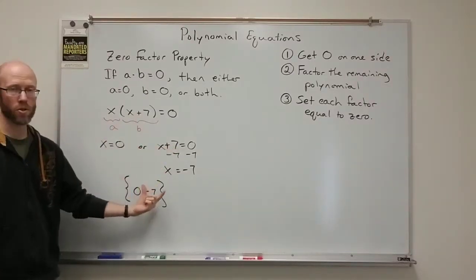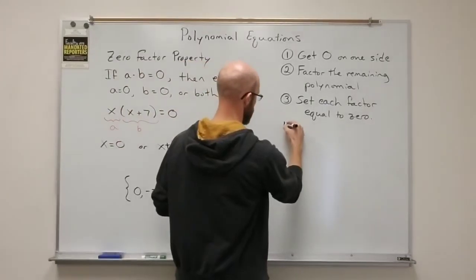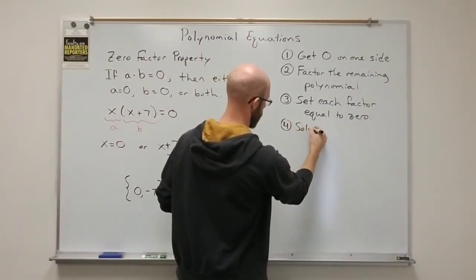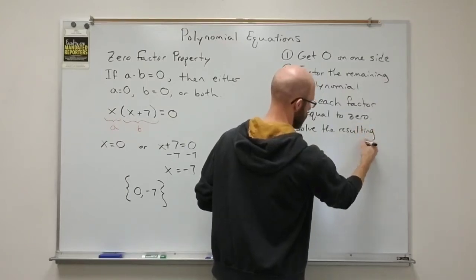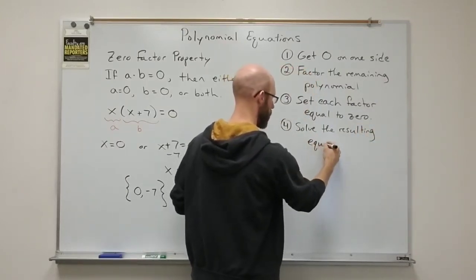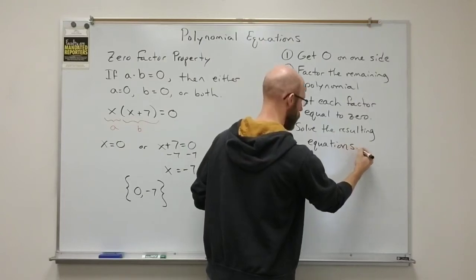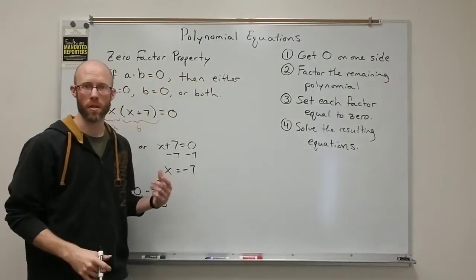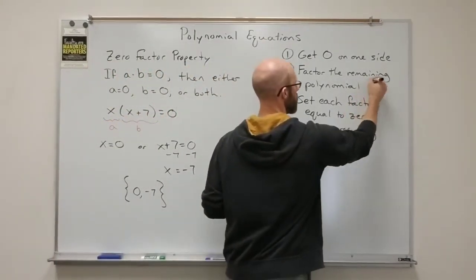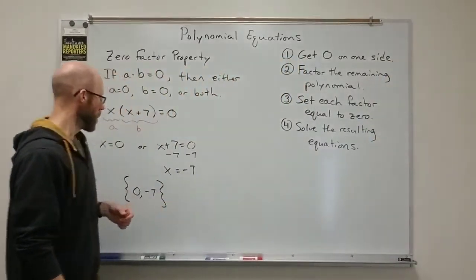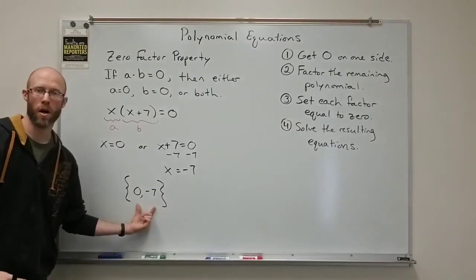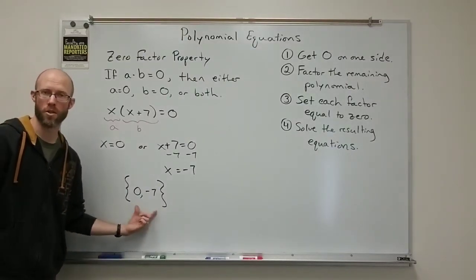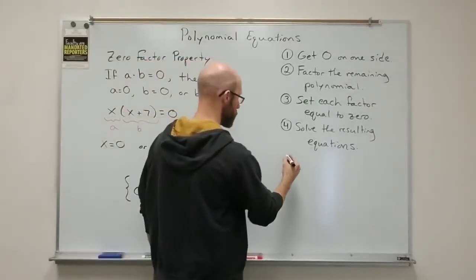Then you solve the resulting equations. Okay, solve the resulting equations. And there will be more than one typically, right? And then of course the fifth step is just showing our solution set. Okay, so put your answer in a solution set.